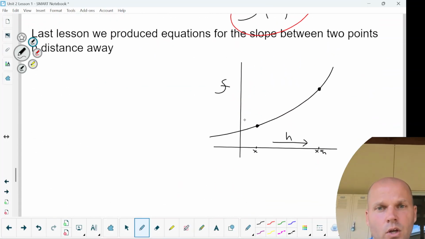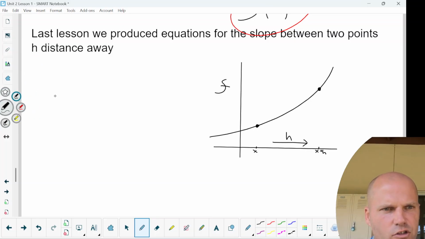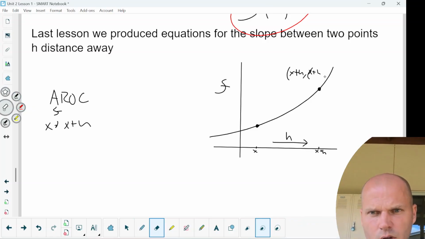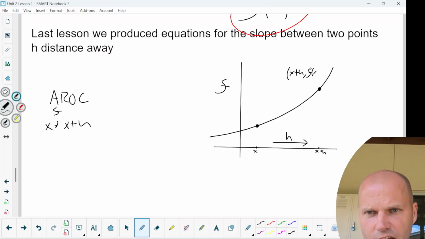All right. Well, last lesson, we produced equations of average rates of change of a function from x to a point h distance away of x. We used our friend, the slope formula. And if it's just f, it'd be f of x plus h as the y coordinate. And if it's just x, it would be f of x as the y coordinate.